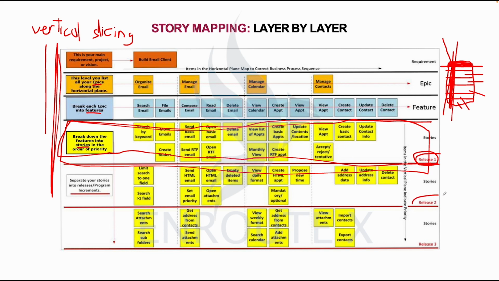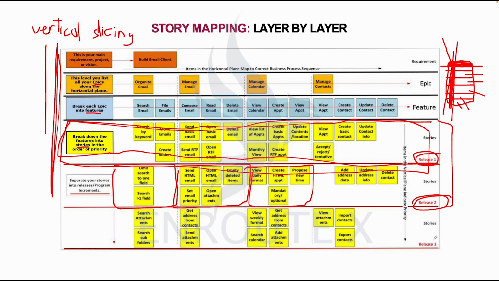In the second release, which is an increment, mind you, you remember what an increment is, a product increment. An increment is now forming these two together, right? So in this second release, you are now having more features from each of the epics being released together, right?